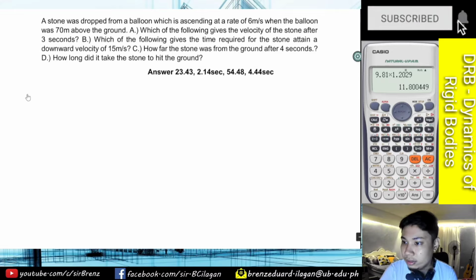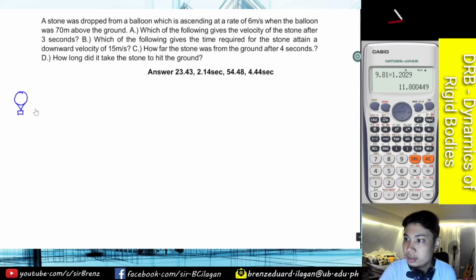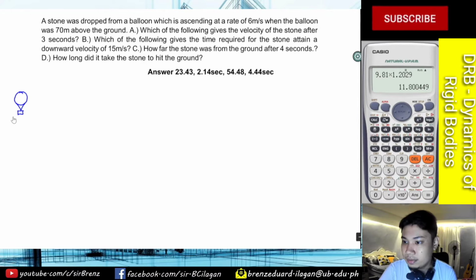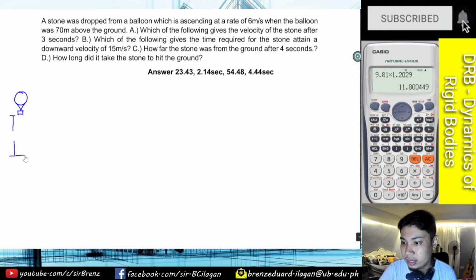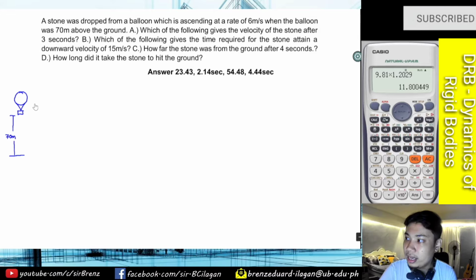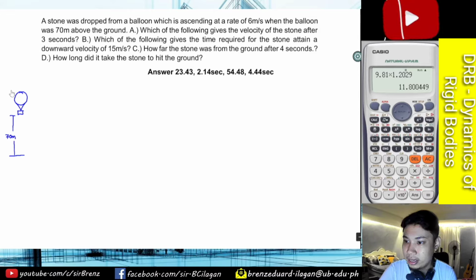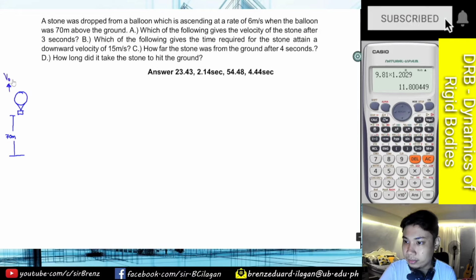So there is a balloon here, probably a hot air balloon. This hot air balloon is 70 meters above the ground. It is ascending at a rate of 6 meter per second. So the velocity of the balloon is 6 meter per second.